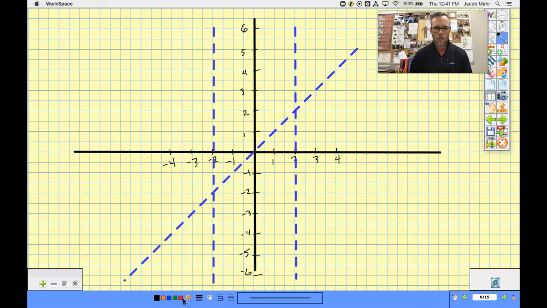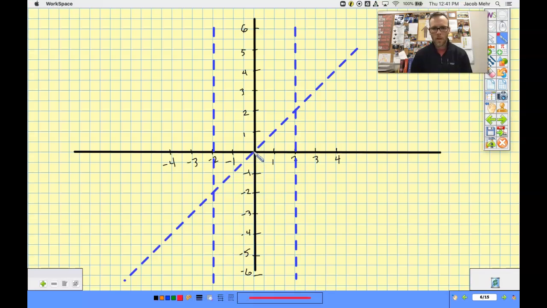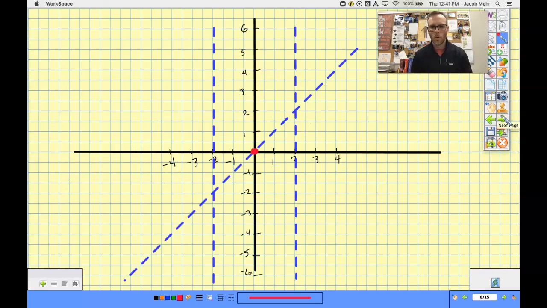Okay, let's see, what color should I, well, let's graph this thing in red. I'm going to make my pen a little bit bigger. Remember we had 0, 0 as the x and y intercept. Okay. Our max and min, negative 2 root 3, negative 5.2. Now remember negative 2 root 3 is about negative 3.46.